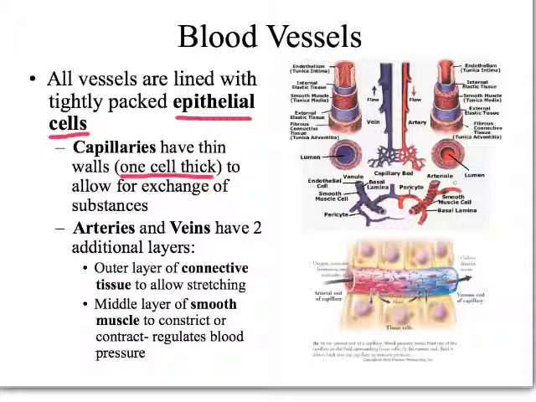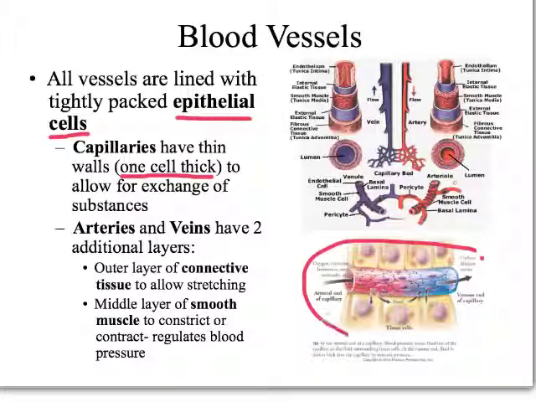So they're very thin. That allows for the gas exchange and for the nutrient and waste exchange to occur. If it was more than one cell thick, then that diffusion would be inhibited greatly. So capillaries are just one cell thick, so that the gas and the nutrients can easily diffuse through one layer of cells rather than 2, 3, or 4 layers of cells.